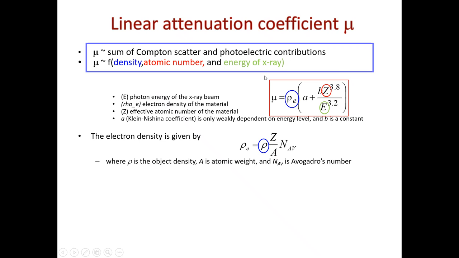And it's modeled in the following way. I have rho e, which is the electron density of the material, and this is basically a number that depends on atomic number, the atomic weight, and Avogadro's number. So what is my cloud of electrons that I'm interacting with? And then I have a coefficient A, a coefficient B. Z is atomic number to the 3.8, and energy to the 3.2.